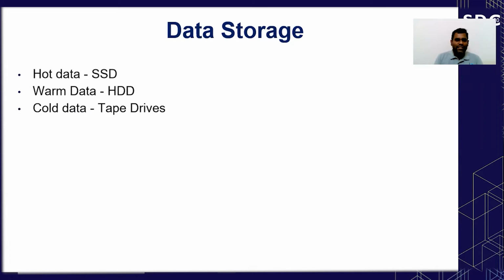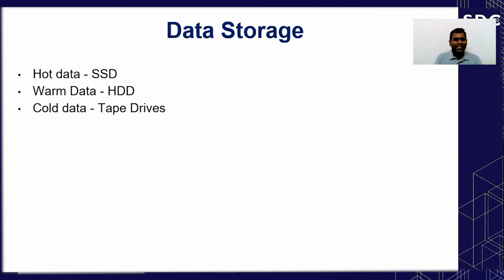Broadly, it is classified based on the data, like hot data, warm data and cold data. Hot data is any data which is accessed frequently, and we prefer to use SSD for hot data.